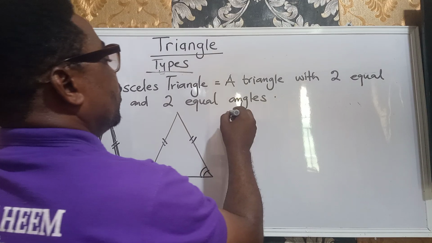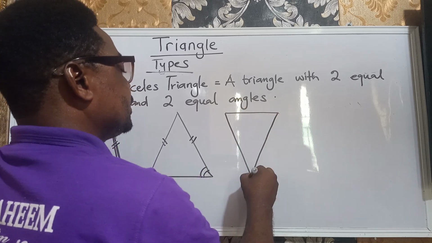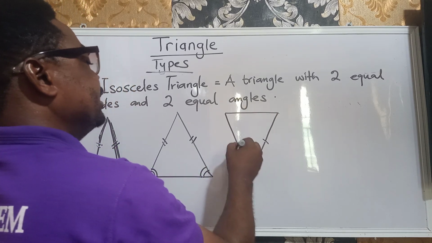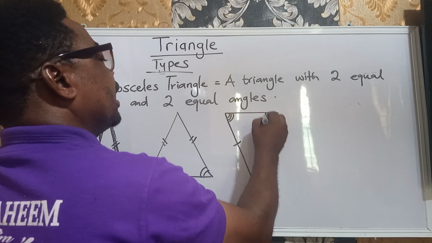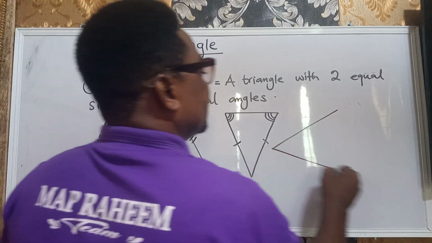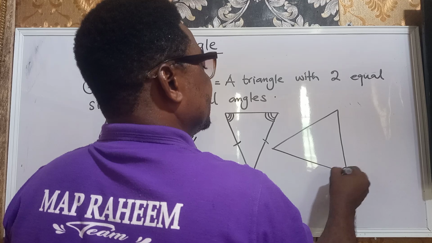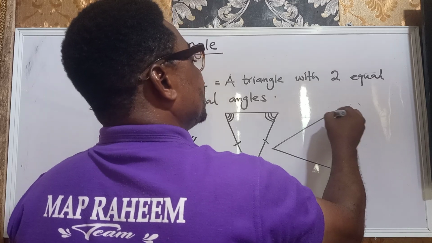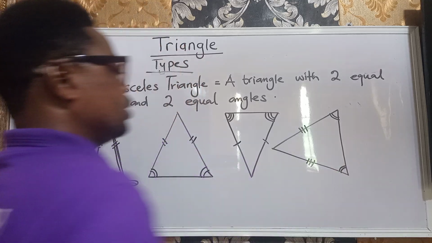I can draw another one this way, say this side is equal to this side, this angle is equal to this angle. I can draw another one like this and say this angle is equal to this angle, and this side is equal to this side.